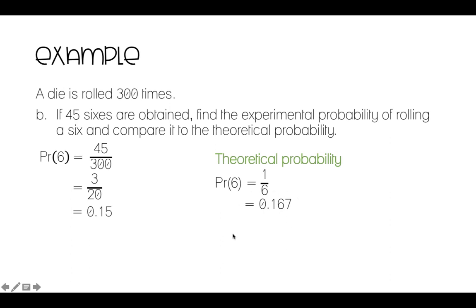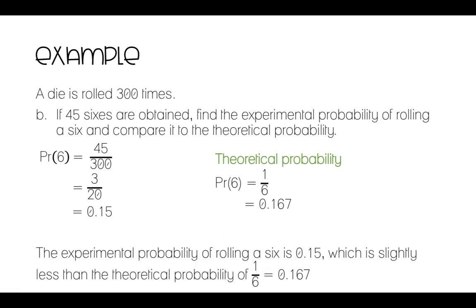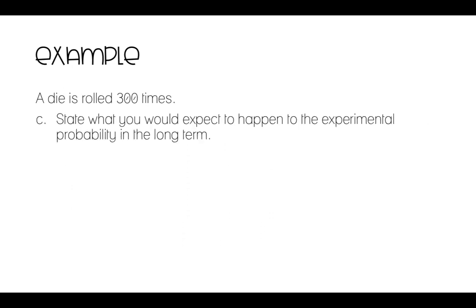So we can see that the theoretical probability is a little bit higher, which means we're not getting as many sixes as we would have thought before we did the experiment. So here the experimental probability of rolling a 6 is 0.15, which is slightly less than the theoretical probability of 1/6, or 0.167.